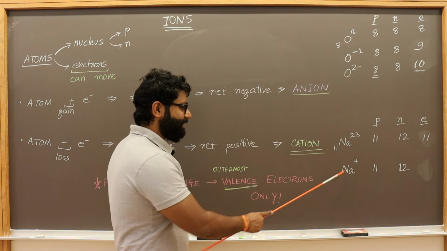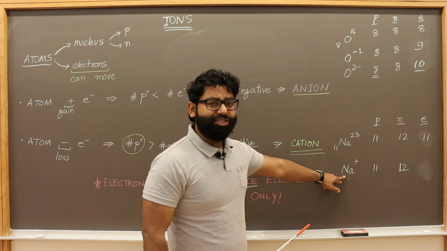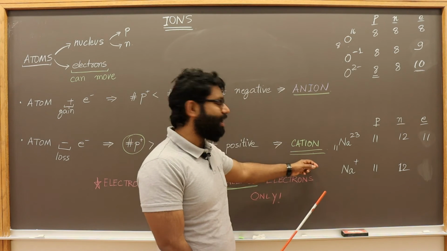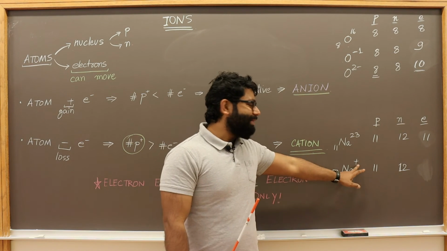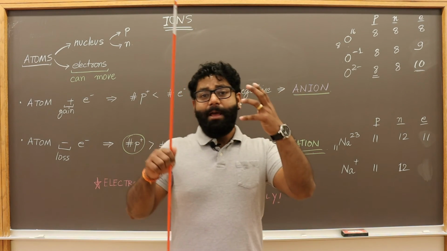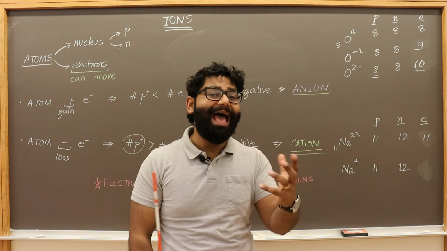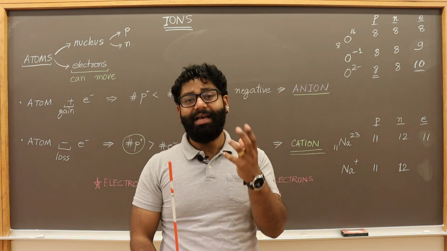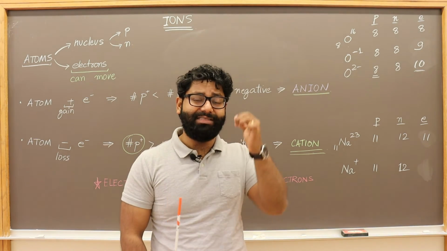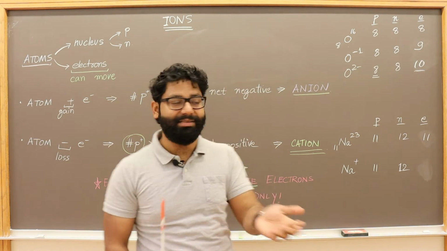Now, Na plus, this is a charged ion. This is a positively charged ion, and that is why it's called a cation. The Na plus in here means that the atom has a net positive charge. And how will you have a positive charge on an atom? When the number of electrons is less than the number of protons.